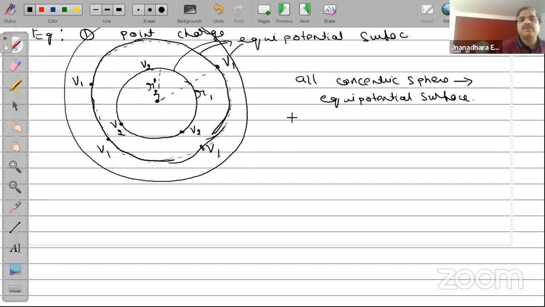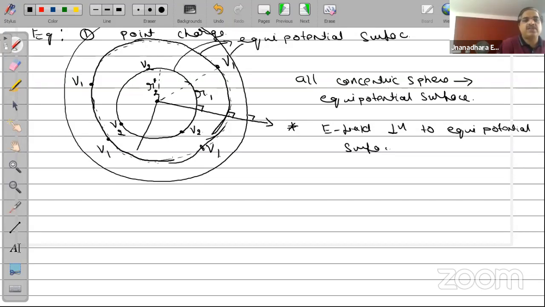You will find there are some important points to note for an equipotential surface. Number one, electric field will be perpendicular to the equipotential surface. Look at this itself. Electric field will always be radially outward. So at any point here, the electric field will be perpendicular to this surface.